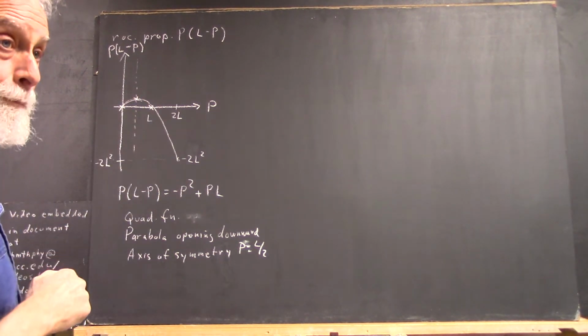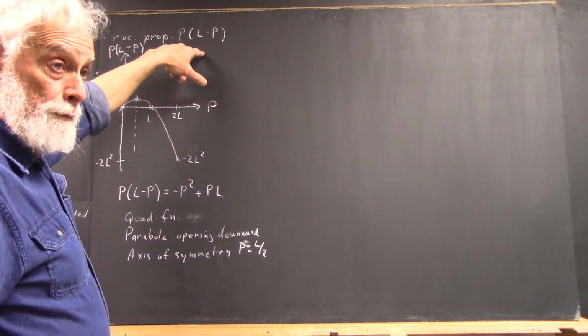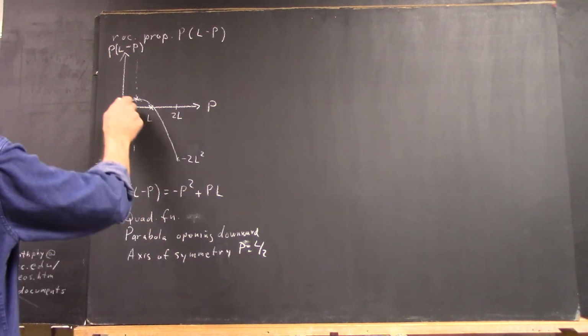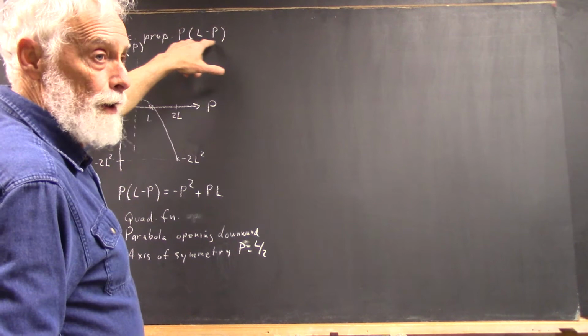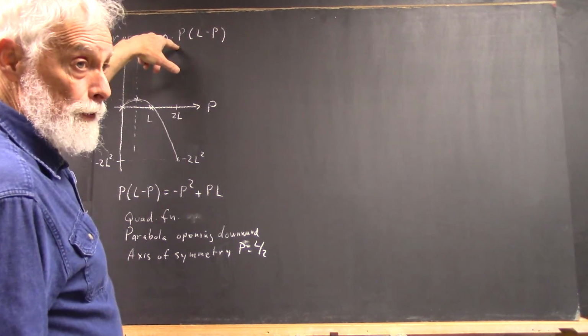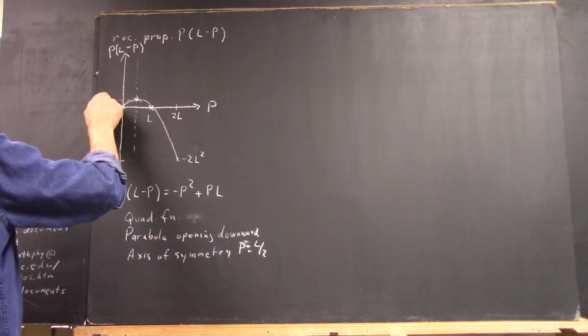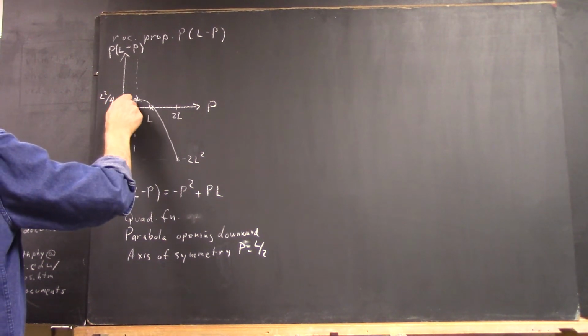And the vertex occurs at p equals L over 2. So the y-coordinate of the vertex, with p equals L over 2, then L minus p is L over 2. Multiply that by L over 2, you get L squared over 4. So we have L squared over 4 here.